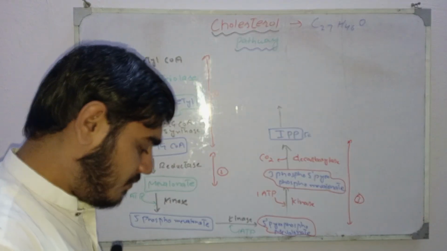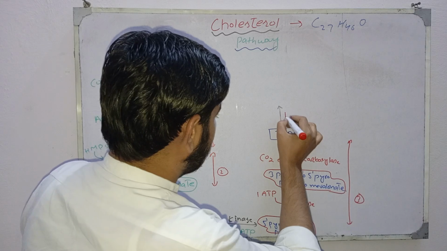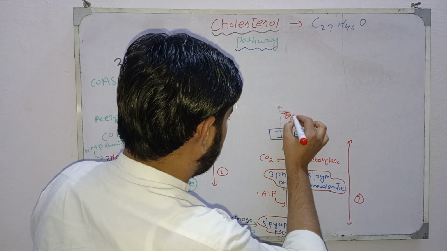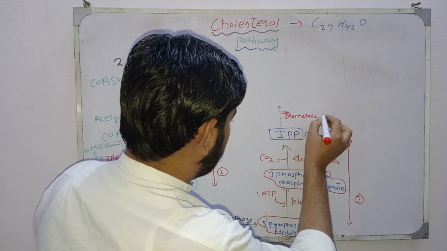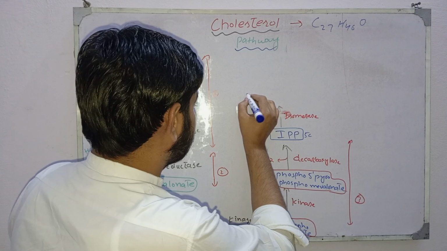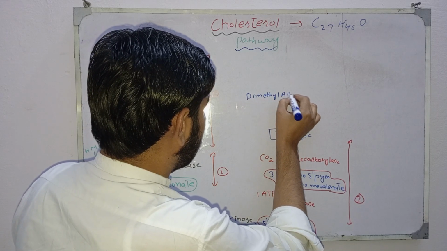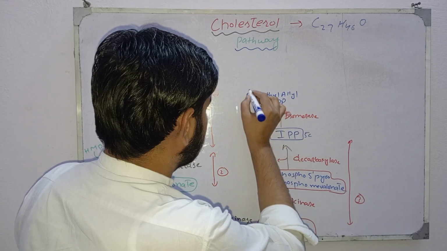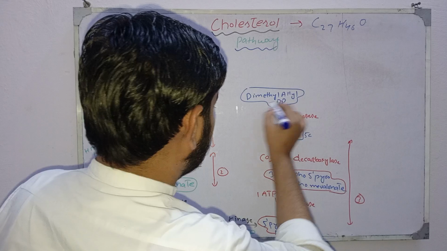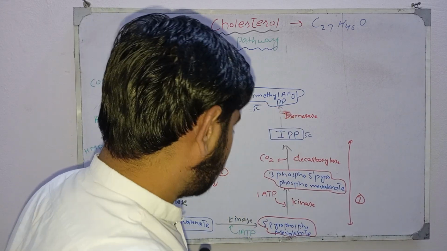Now, next step. This isopentenyl pyrophosphate converts with the help of isomerase enzyme to dimethyl allyl pyrophosphate. It is also a 5 carbon containing compound.